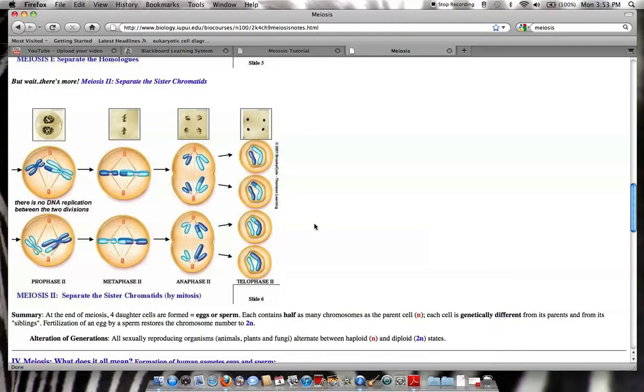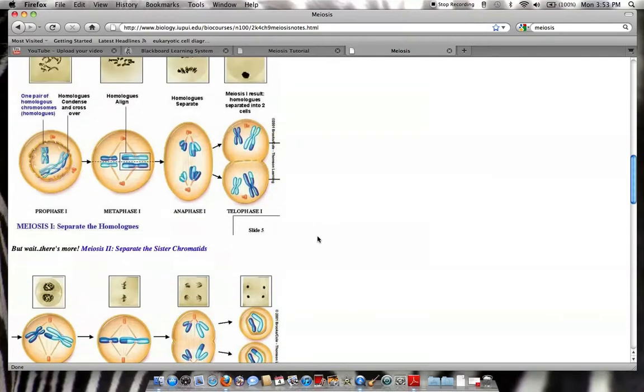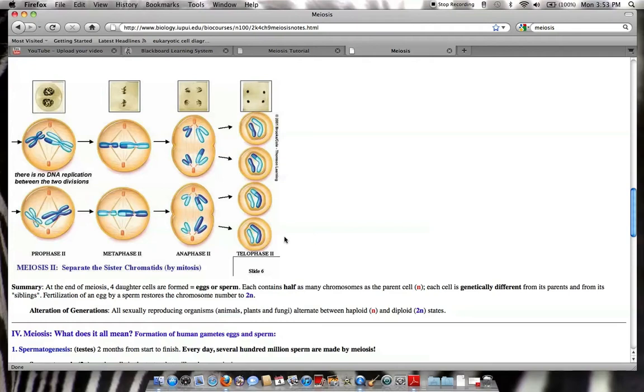Okay, so in meiosis you start off with your parent cell having 46 chromosomes, then you're ending up with your daughter cells or your gametes, eggs or sperm, having 23 chromosomes. Because remember, in sex cells, half the chromosomes come from the male, half come from the female.